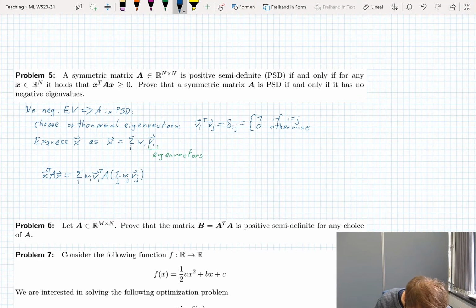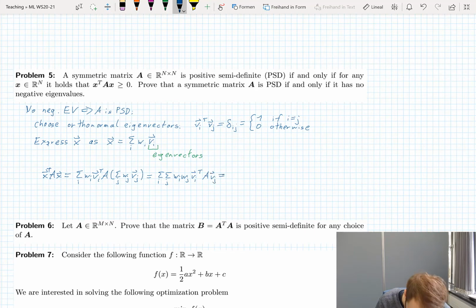Okay. And then we can change this a little to make it more beautiful, because we can move the scalars to the left, because those are just scalars. A v_j.